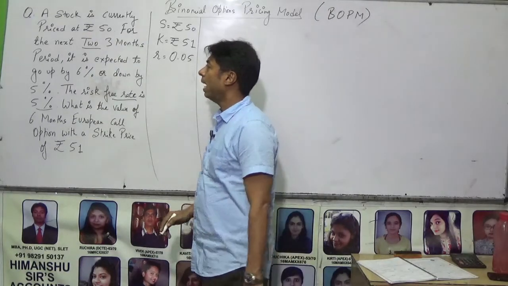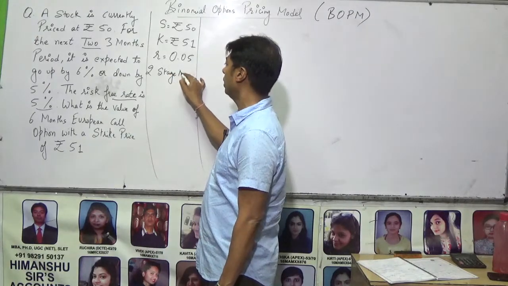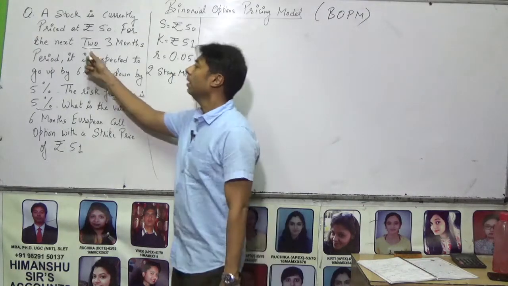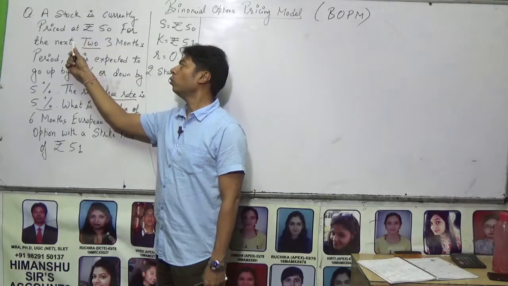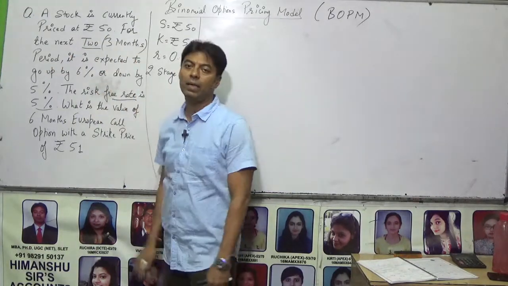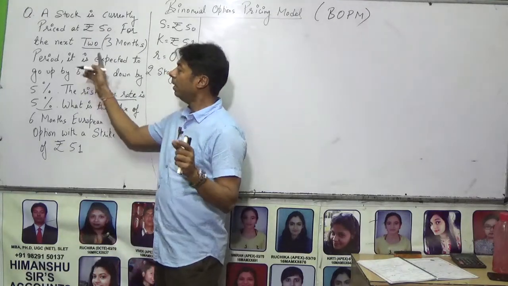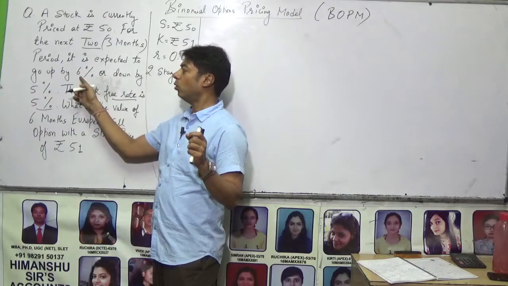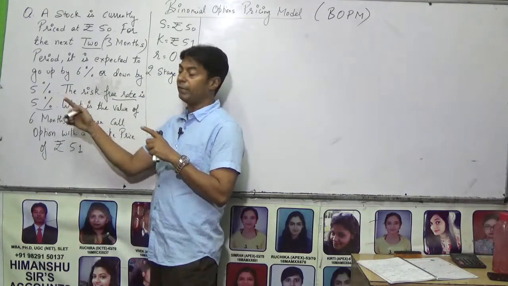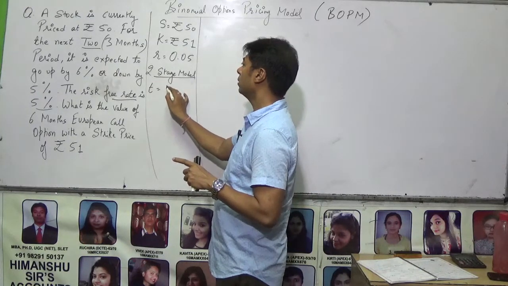What else do we have? It is a two-stage model. You must remember that it is mentioned that for the next 3 months, the price is expected to go up by 6% or down by 5%. So the two-stage model is given, and time is 3 months.